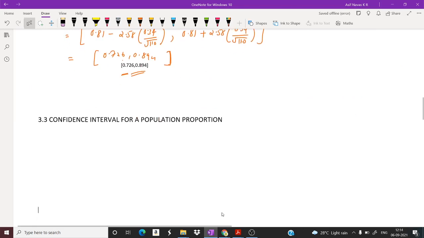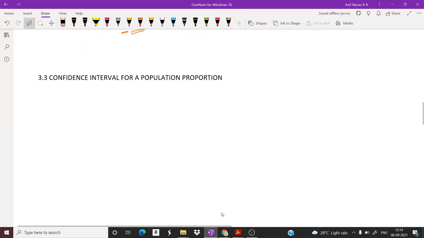Now next, the confidence interval for a population proportion. This is the same as what we did before for a sample population.